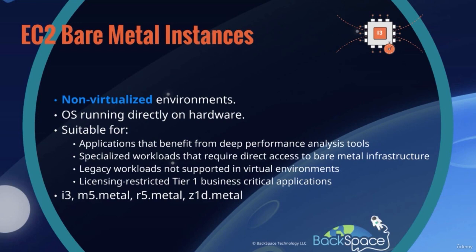There could be legacy workloads that are just not running on a virtualized environment, and you need to have the actual access to a physical environment to run it. There may also be licensing restricted applications that rely upon that physical hardware for license validation. Examples of bare metal instances are the i3, M5 metal, R5 metal and Z1D metal instance types.